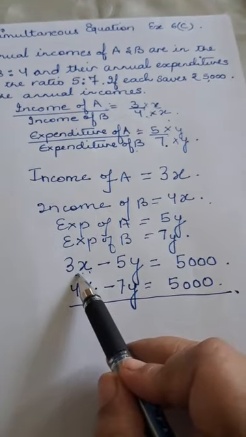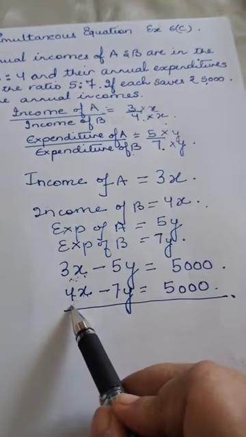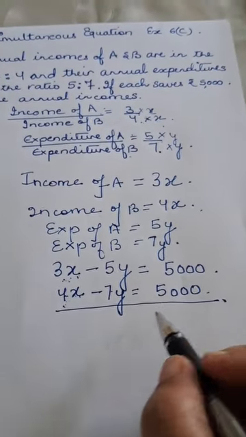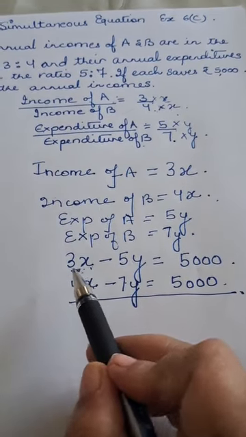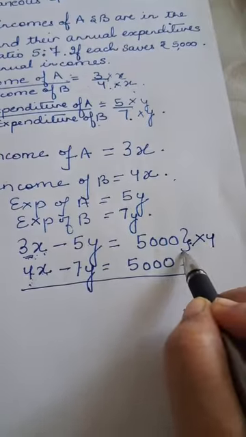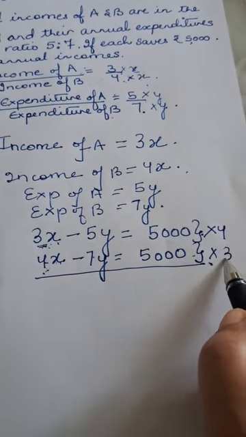To make the coefficient of x the same, we should find the LCM of 3 and 4. The LCM of 3 and 4 is 12. So I'll make this 3 coefficient as 12 by multiplying the whole equation with 4. Same way, to make this 4 as 12, I'll multiply the whole equation with 3.